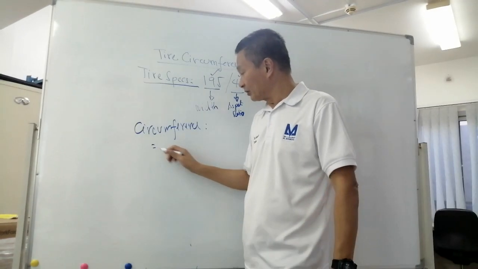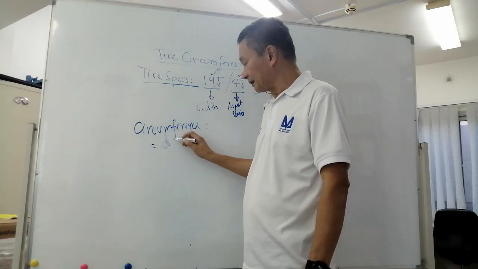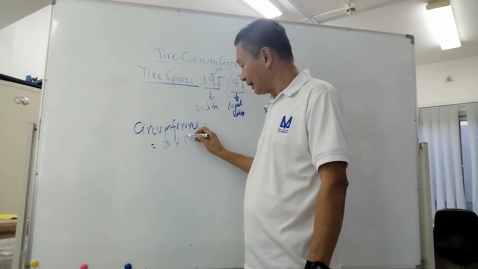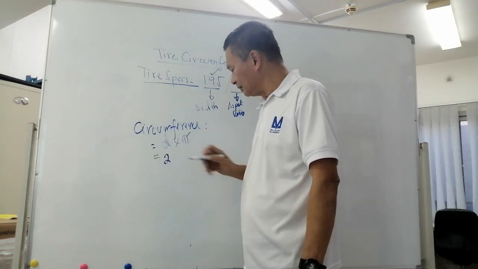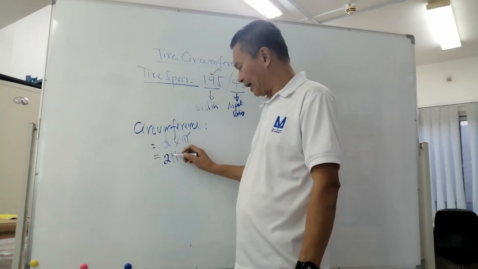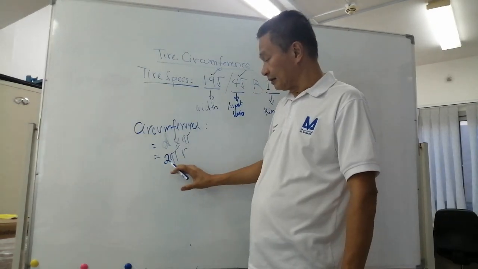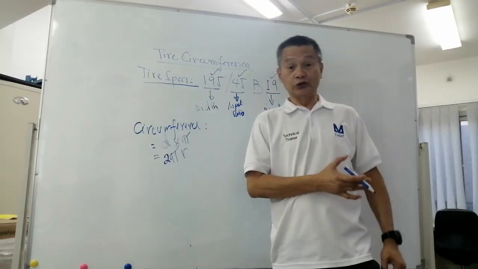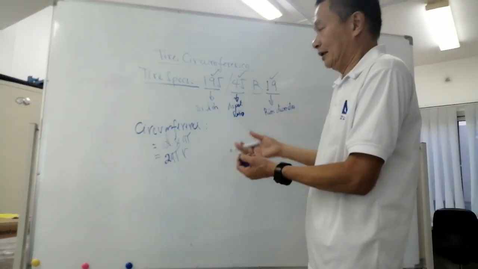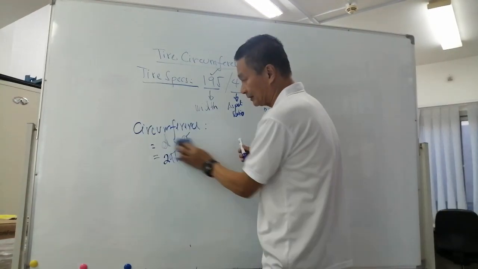Number one is diameter times pi, or 2 pi r, where r represents the radius. Later I will show you how to get this, so take note of this.